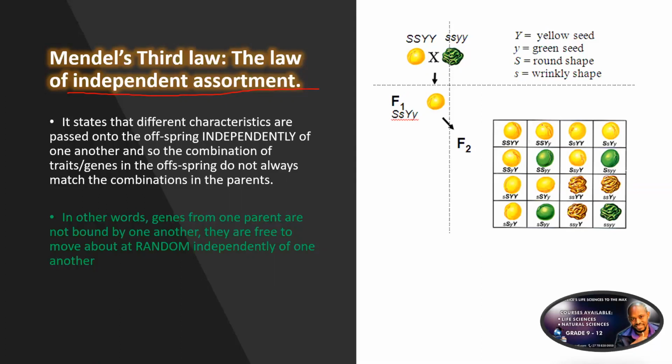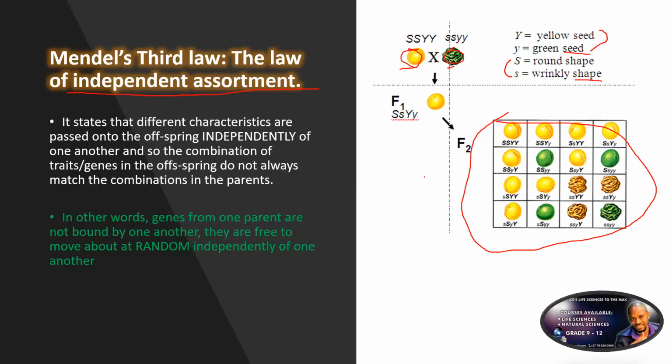For example, he could observe seed shape, like here, and seed color. In this diagram here, we have two possibilities for each trait. For seed shape, it could be either round or wrinkled. And for seed color, it could either be yellow or green. So we are observing two characteristics here.